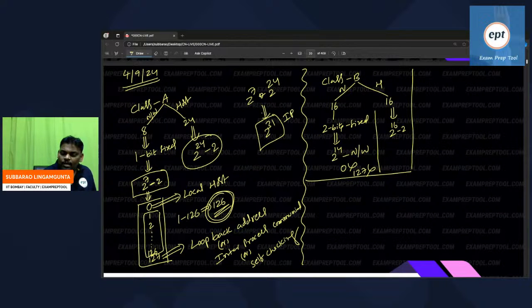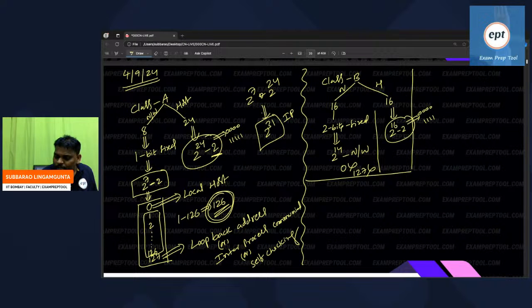Can you help me? In the class A host part, are all zeros possible? Yes. All ones possible? Yes. So -2. In the class B host part, all zeros and all ones are also possible, so there also -2.